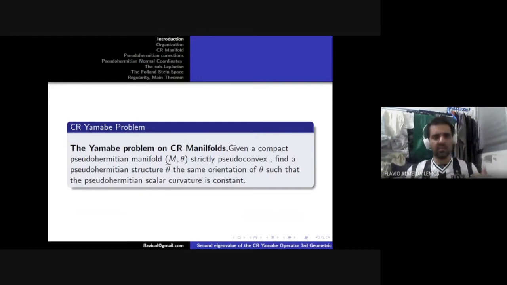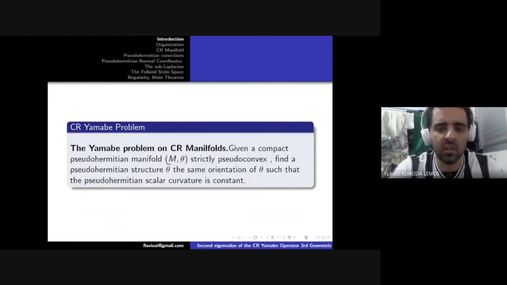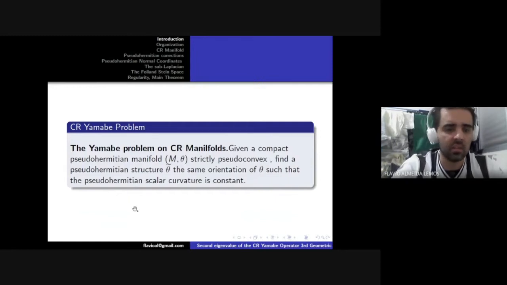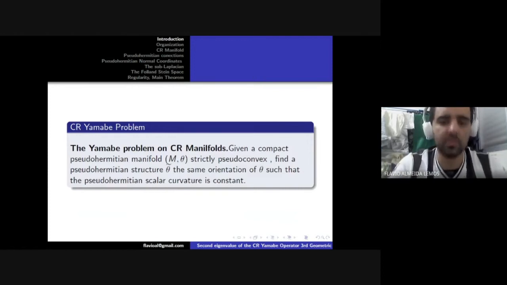We have the same perspective on geometry here. It is the same problem, but from another perspective, another geometry.